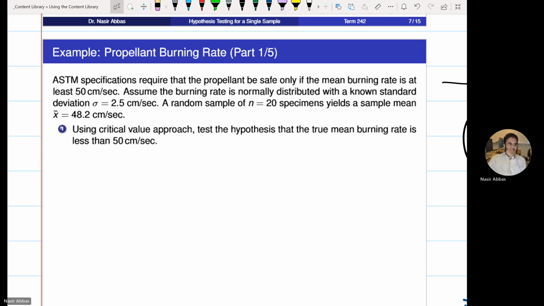Okay, let's continue to read. Assume that the burning rate is normally distributed with a, now this is important, with a, this information is pushing you towards Z or towards T. Towards Z. It is pushing you towards Z. Look here, the map.